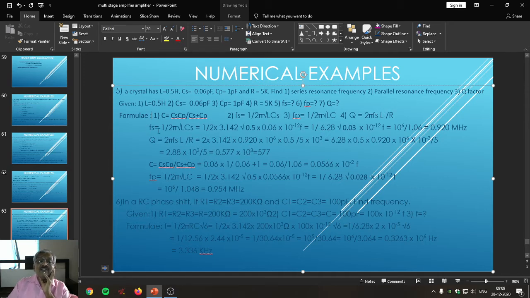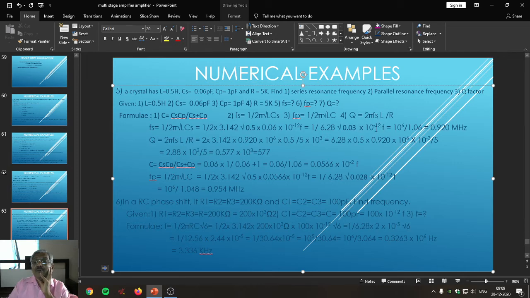Let us solve Fs. Fs is equal to 1 upon 2 pi root of L into Cs. So 1 upon 2 into 3.142 into square root of 0.5 into 0.06 into 10 raised to minus 12. So that is, as usual, 1 upon 6.28 into square root of 0.03 into 10 raised to minus 12. Square root of 10 raised to minus 12 is 10 raised to minus 6.